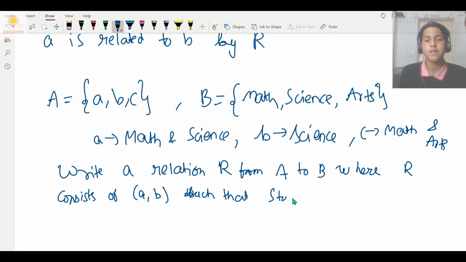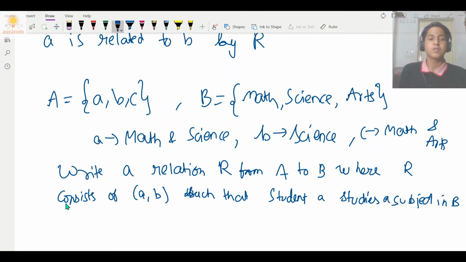student a studies subject b in B. So we need to write this relation, which consists of the ordered pairs.